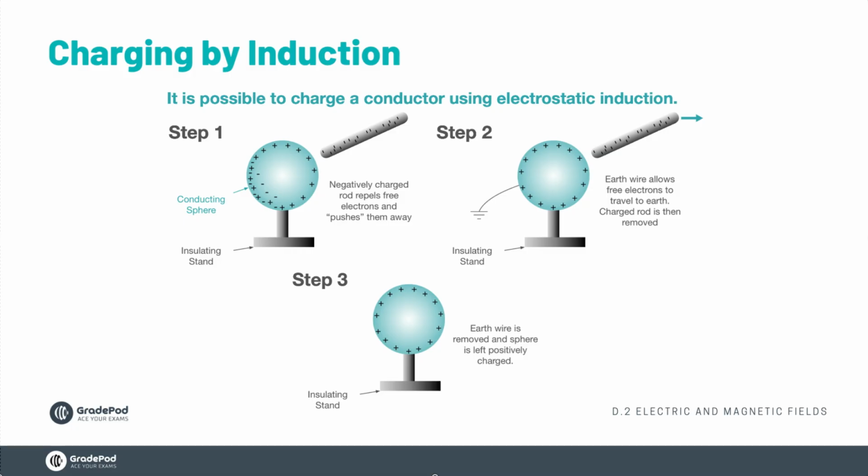And that earth wire removes all those electrons because it feels like it's got an excess of electrons on the opposite side. Step number 3 is to take the earth wire away, and what you'll find is that the object is then positively charged. And what you've done is you've effectively charged an object by induction.